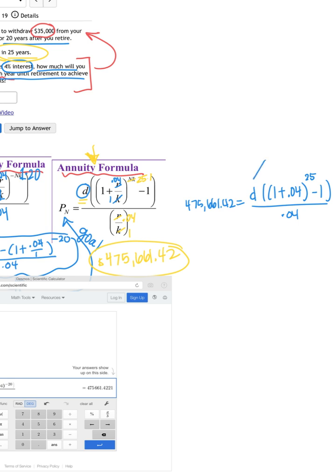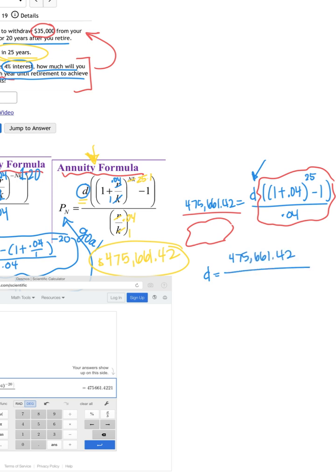So then the next goal would be to solve for that D. A couple different ways to do it. Basically, I see this entire thing sitting right next to D, so I'm going to divide by it. So then that tells me that my D will be equal to $475,661.42 divided by 1 plus 0.04 to the 25 minus 1 all over 0.04.